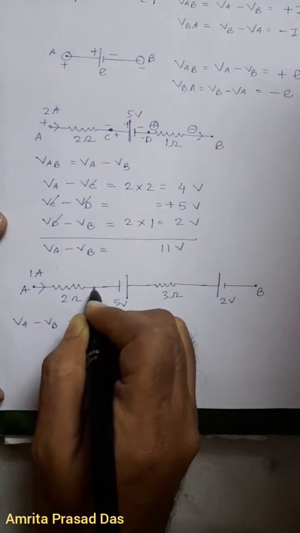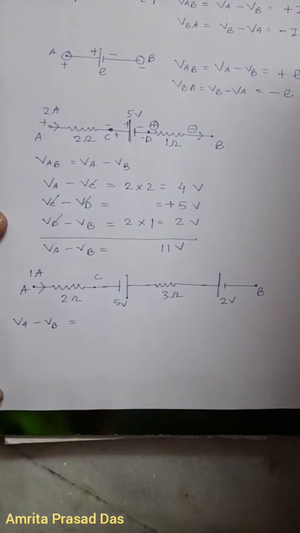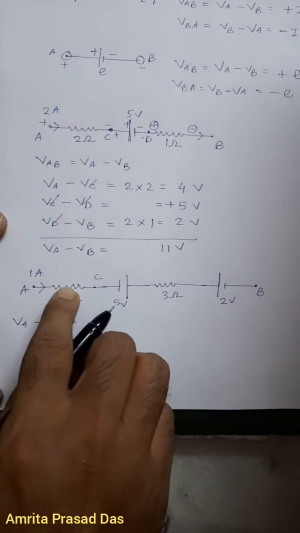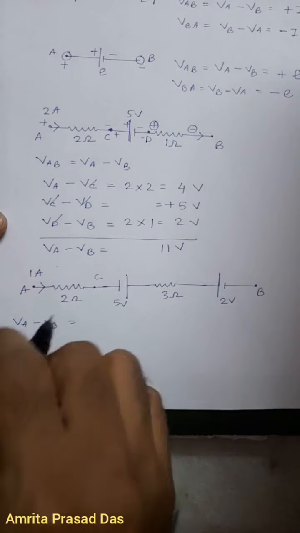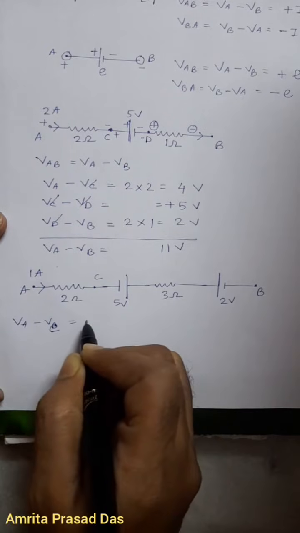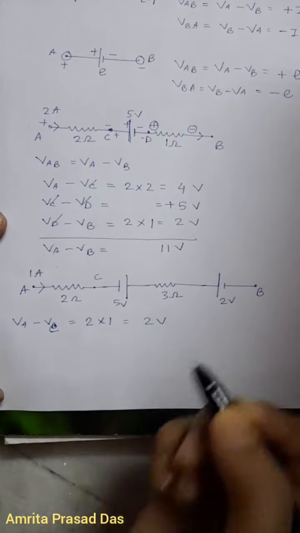Now consider a point C here. With respect to C, A is at high potential because current flows from A to C and there is a resistance 2 ohm. Therefore, A is the high potential end of the resistance, C is the low potential end of the resistance. Therefore, Va minus Vc, this must be I into R, that is 2 volt.